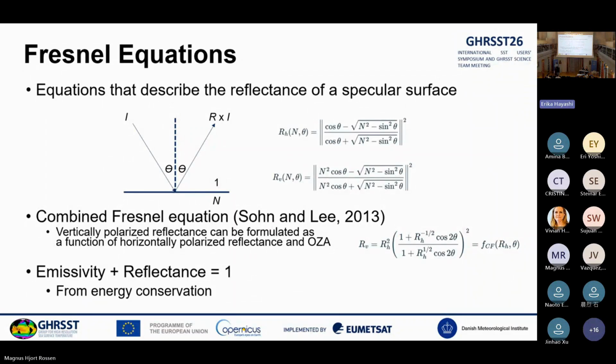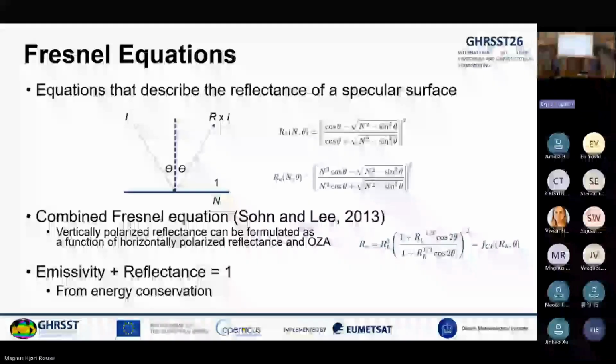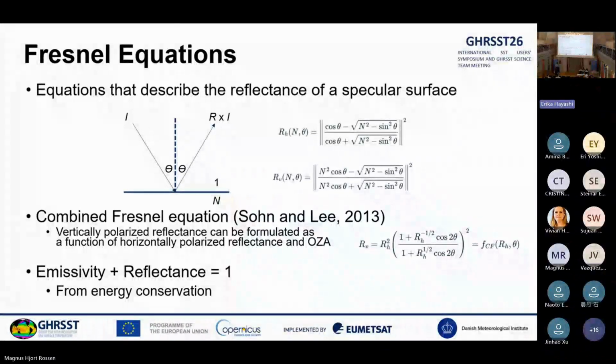What we need to calculate reflectivity using this equation is the incident angle and the refractive index of ice. So the reflectance becomes a function of n, the refractive index, and theta, the incident angle.